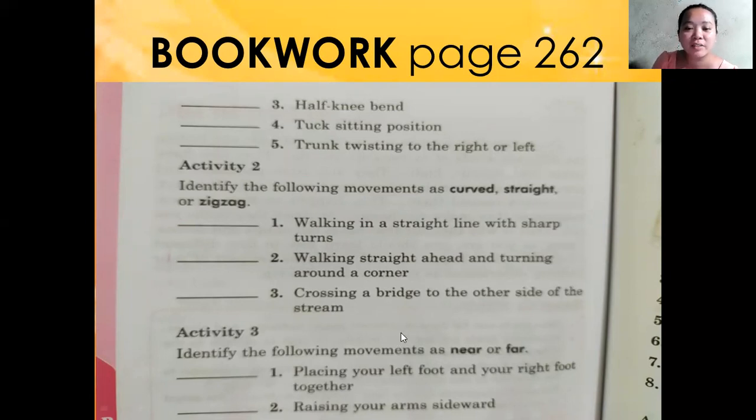Okay, for our activity number 2, you are going to identify the following movements as curve, straight, or zigzag. Walking in a straight line with sharp turns. Is it curve, straight, or zigzag?